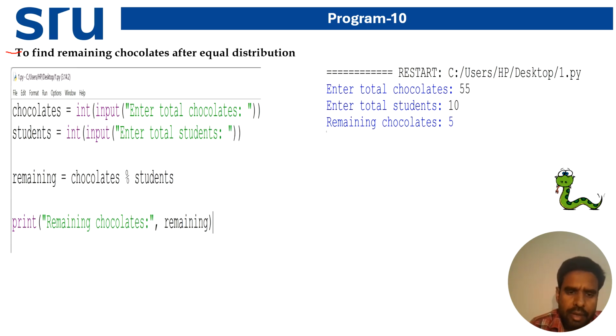So I've taken the input for chocolate and student. First I want the input for chocolates. Now I'm taking int because it's an integer data type.